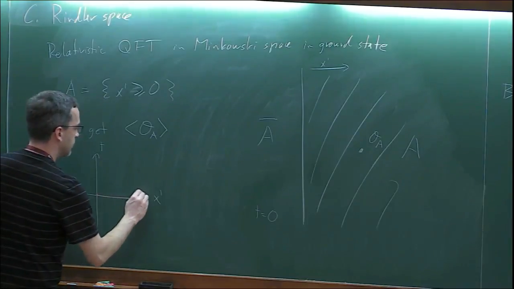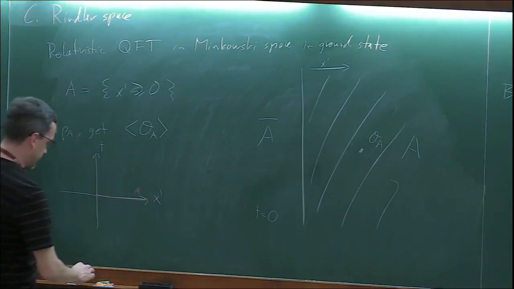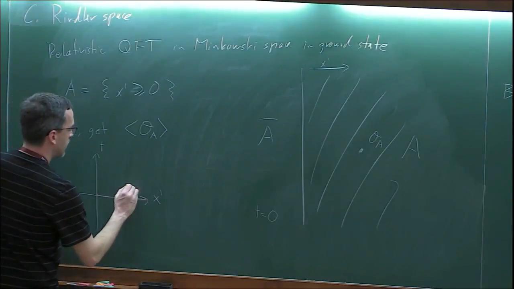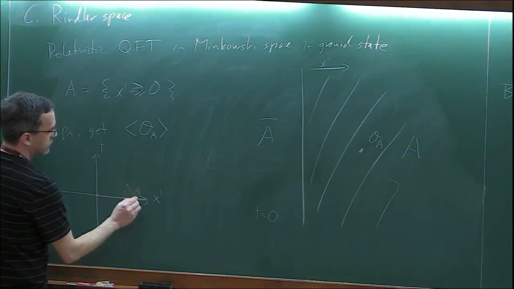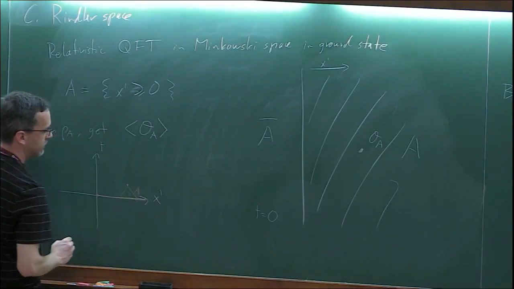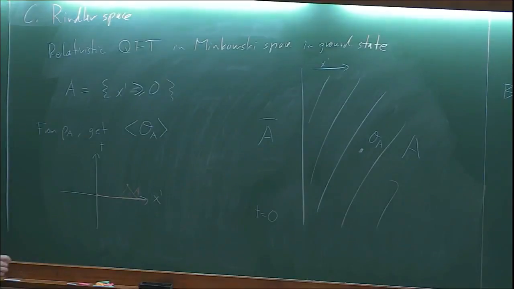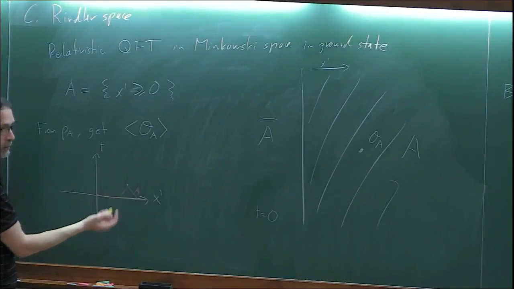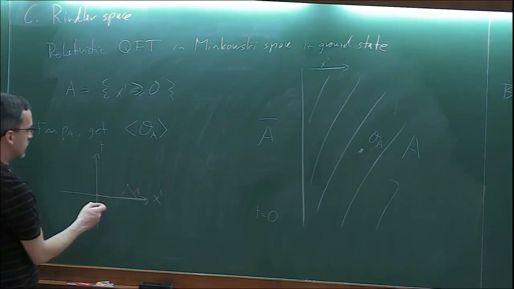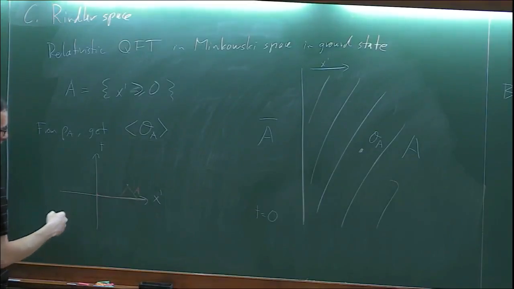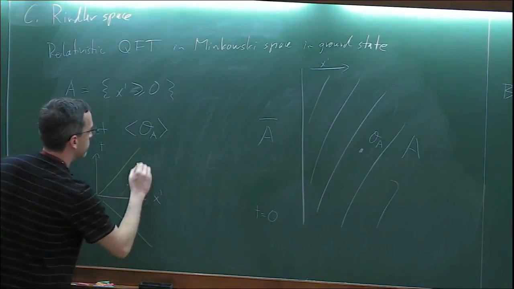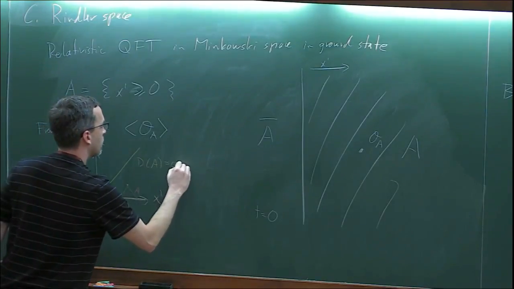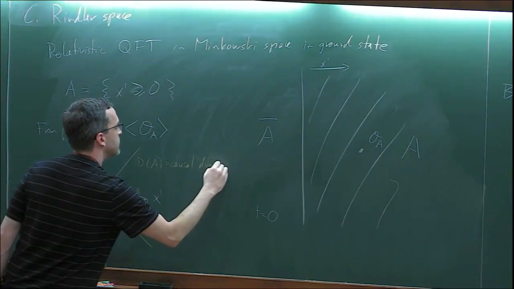So this is A. And if I have some operator which, using the field equations, I can map back to an operator that lives in A, then I can compute this using rho sub A. Now, the field equations always move operators around within the light cone. So, in fact, I can compute this for any operators living inside the causal domain of A, which is this wedge.